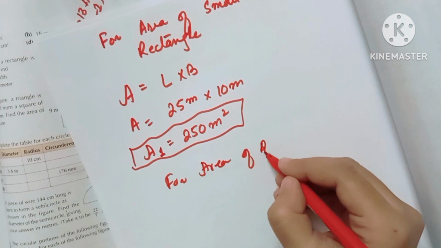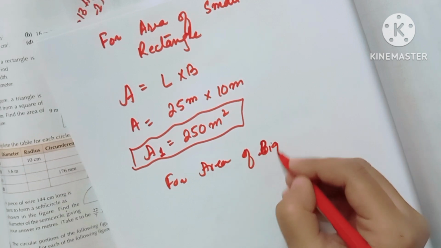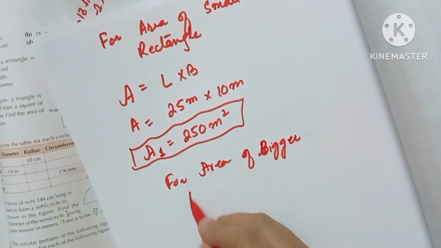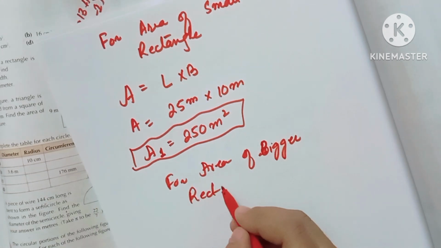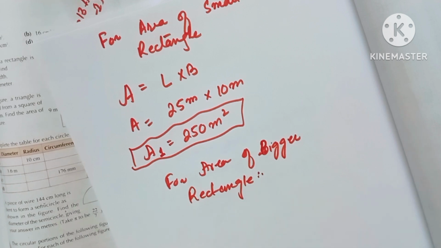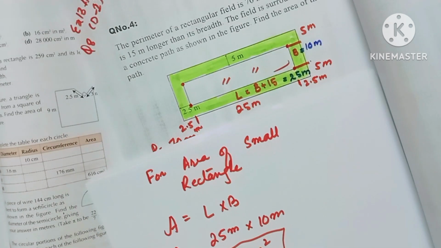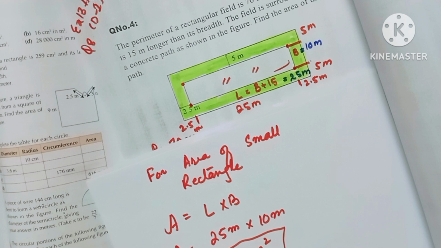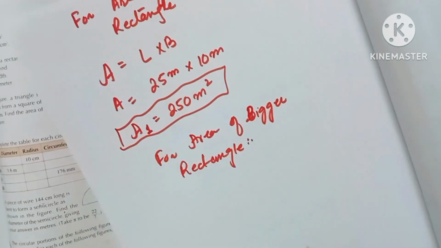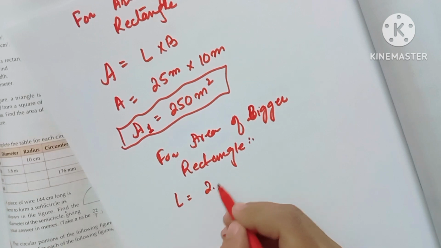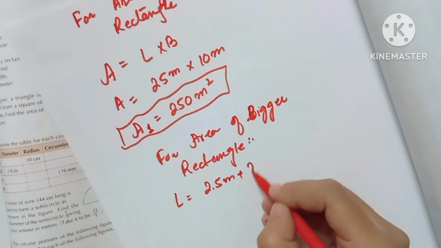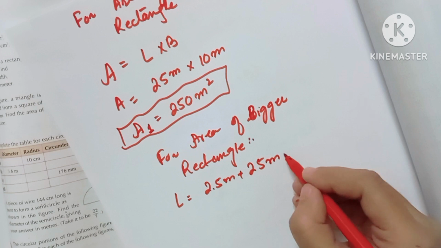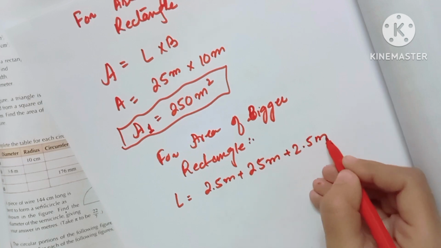What is the area of the bigger rectangle? The length will be 2.5 meter plus 25 meter plus 2.5 meter.